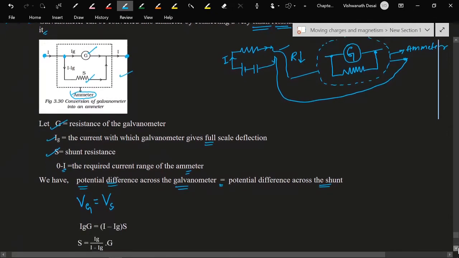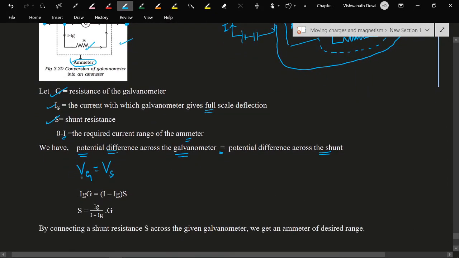Now apply Ohm's law. According to Ohm's law, V is equal to IR, current into resistance. So VG, the voltage across the galvanometer, is equal to the current through the galvanometer multiplied by its resistance: Ig into G. That is equal to Vs, the voltage across the resistor, that is the current through the resistor multiplied by the resistance of that resistor.